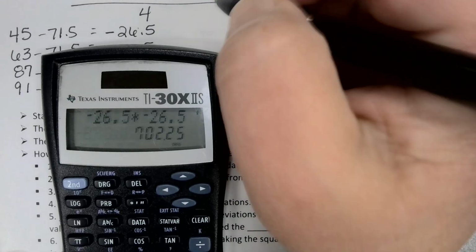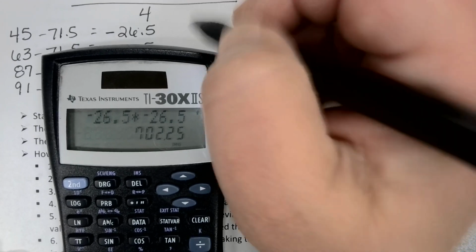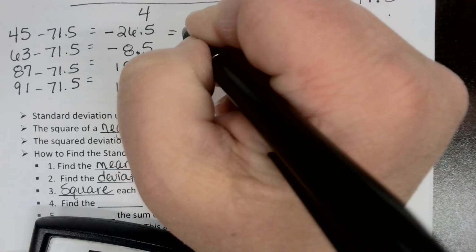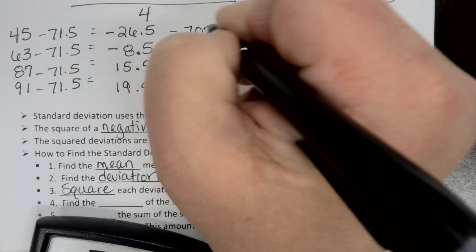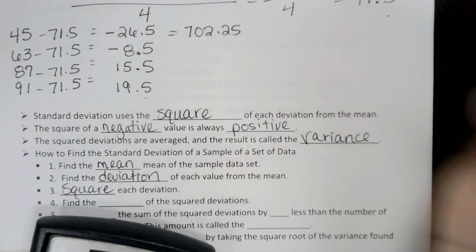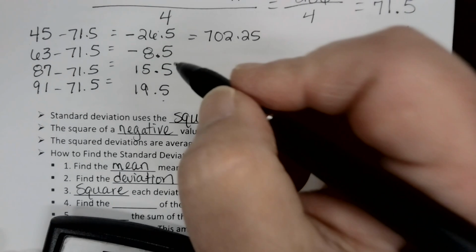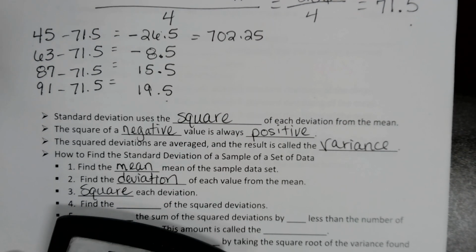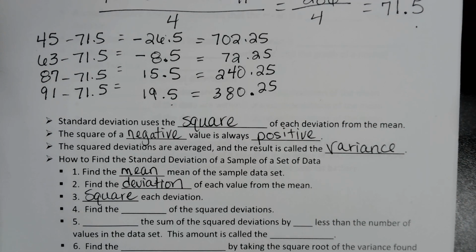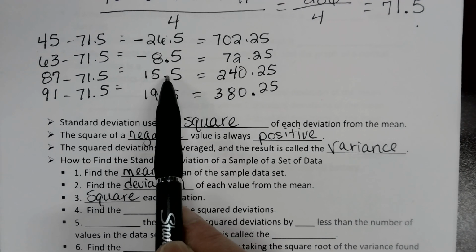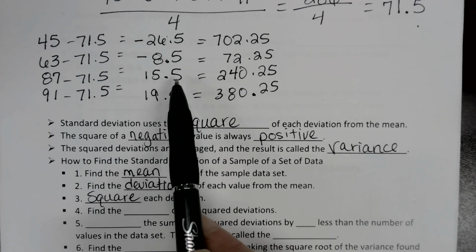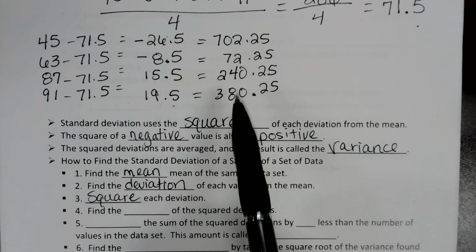And we wind up with, what is that number? 702.25. So do that for each of these numbers and then come back. Okay. All I did was multiply this times itself. 15.5 times 15.5 to get those numbers.